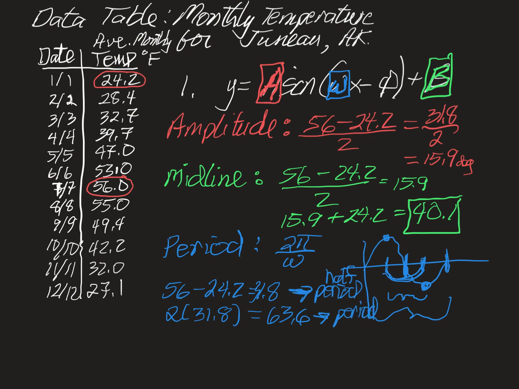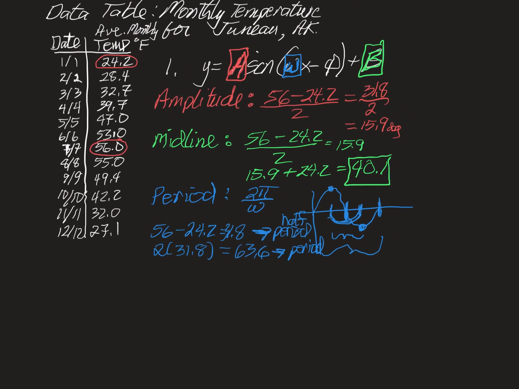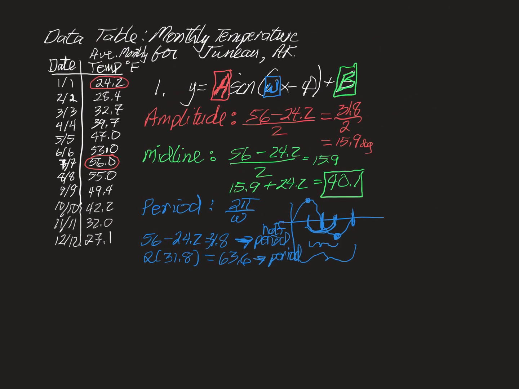Now that I have the period, I want to find omega, which is the number I plug into my function. So that's where this becomes a little bit different and something you want to really pay attention to. So then we take 2 pi over omega, and that's equal to 63.6, okay? So we cross multiply, so 2 pi equals 63.6 omega.